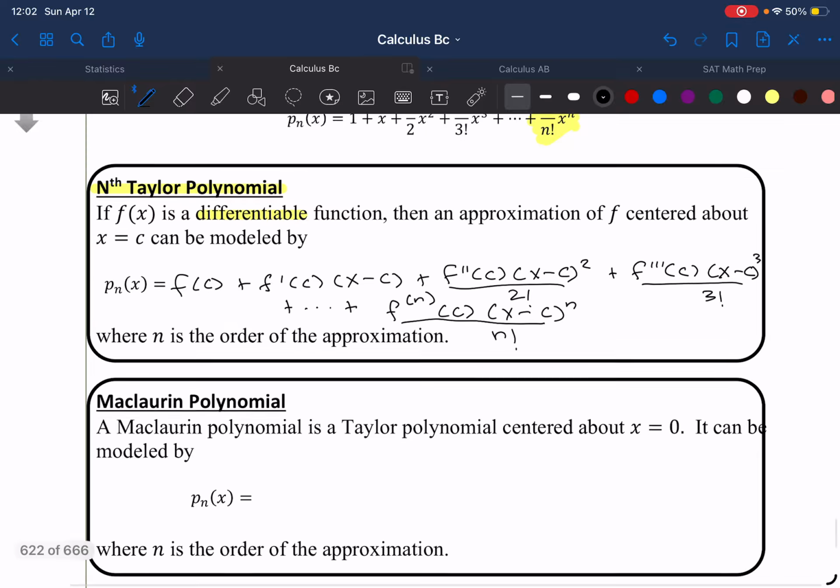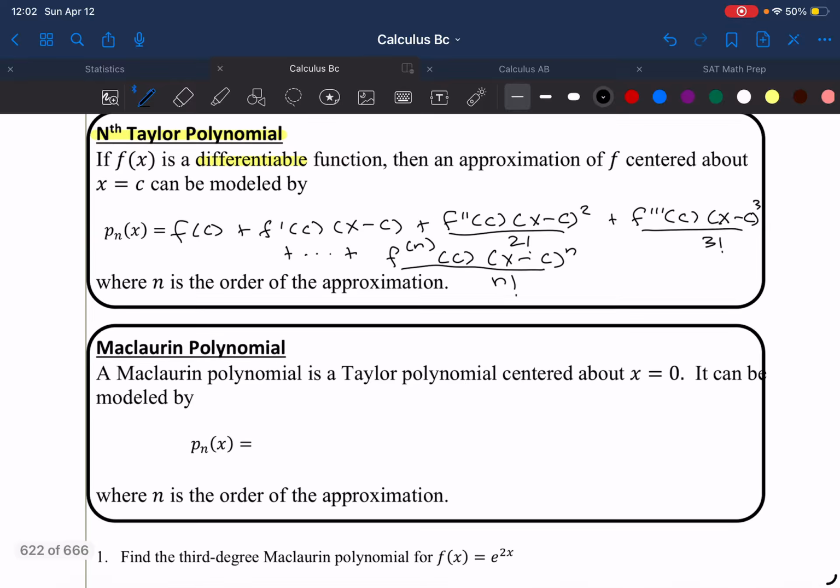So then that leads us to what we talked about in the beginning, and that's the Maclaurin polynomial. Remember, the Maclaurin polynomial is a type of Taylor polynomial, and the only difference is that this has an exact center, and it's always going to be around x equals 0. And so this can be modeled by the following equation. Anywhere we see an x in our Taylor polynomial, that x is just going to go to 0.